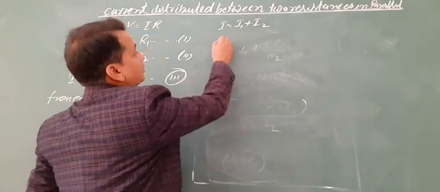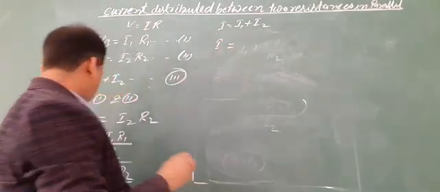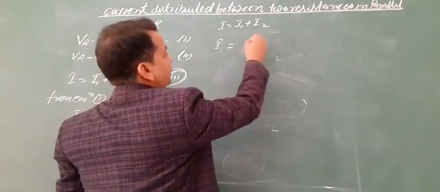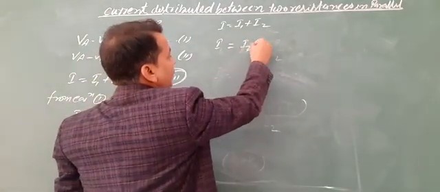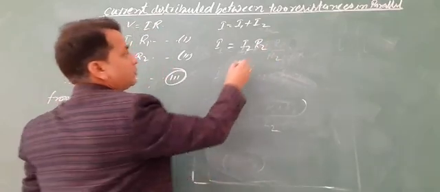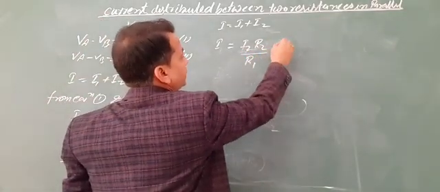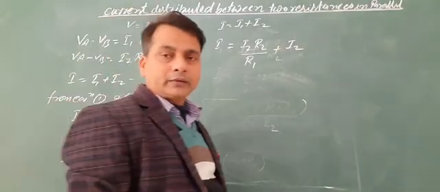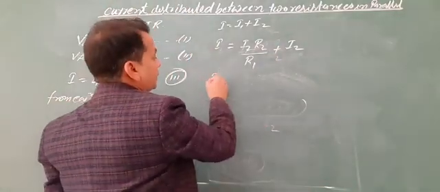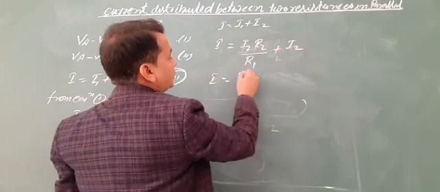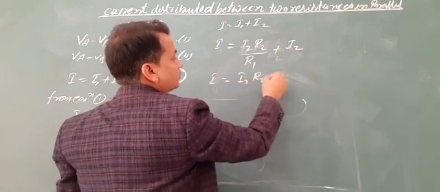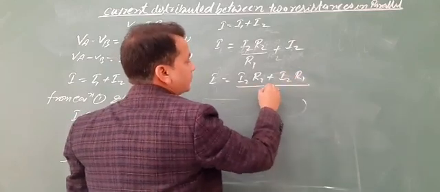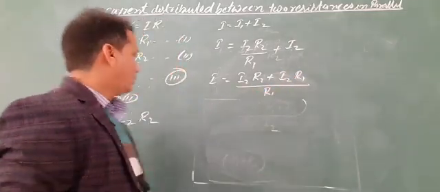So here I equals I2 R2 by R1 plus I2. Simplifying, we can see that I equals I2 R2 plus I2 R1 by R1.